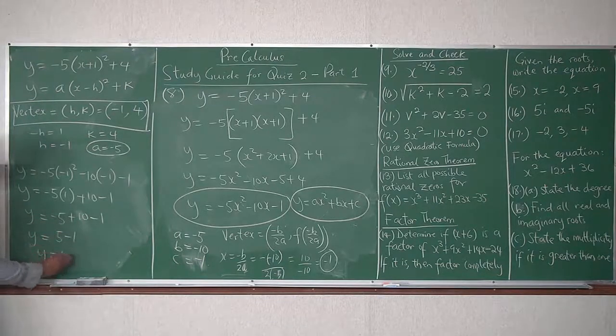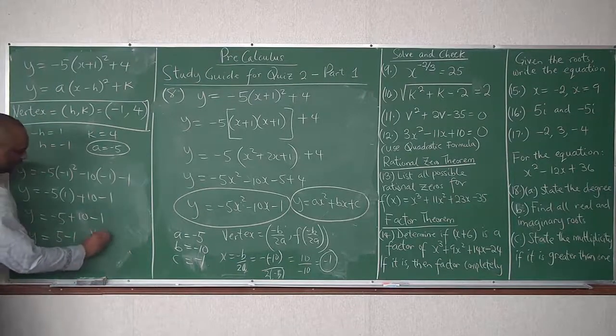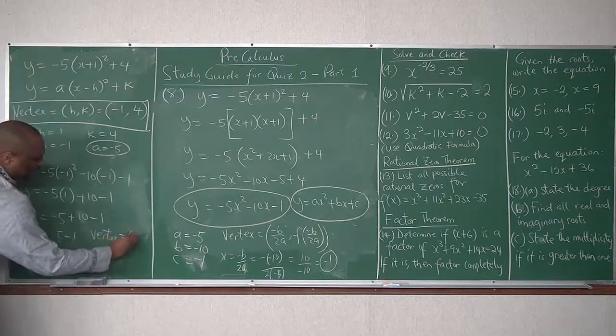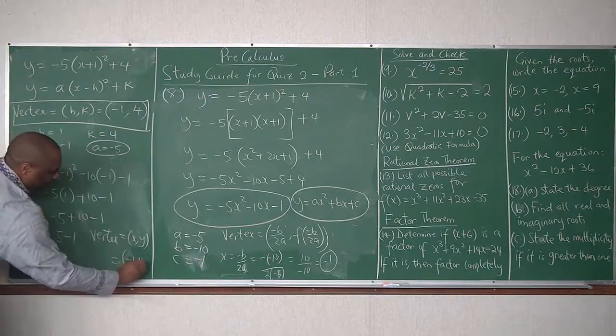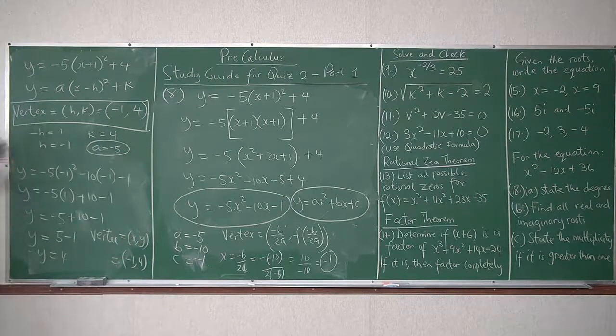So y is 4. So the vertex is the xy, which is what? -1, 4. If you choose to use this method, -1, 4. The same thing.